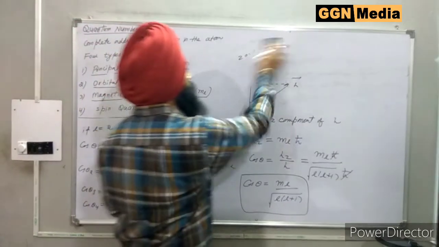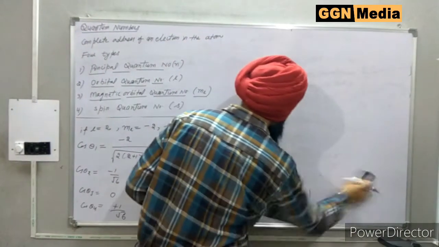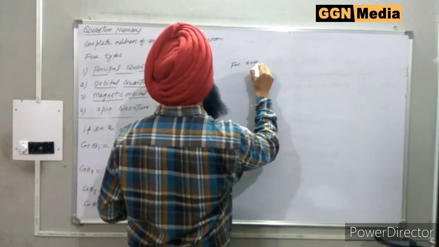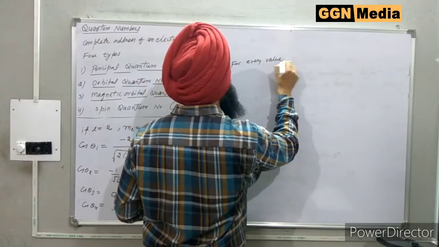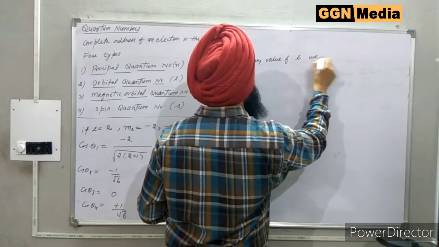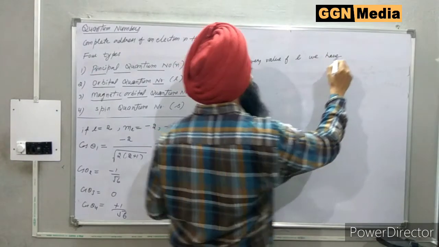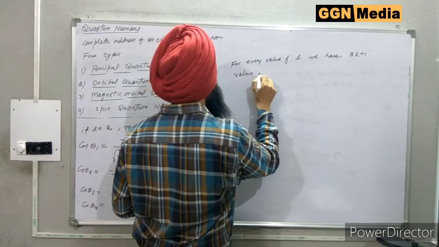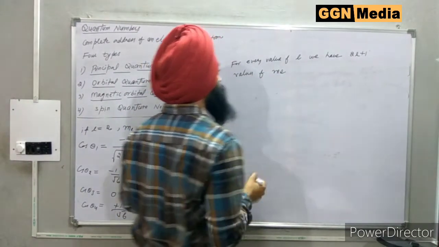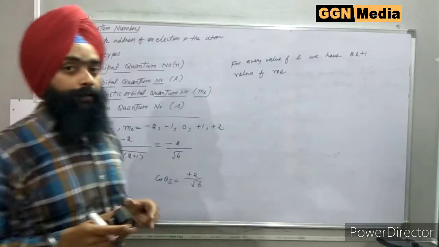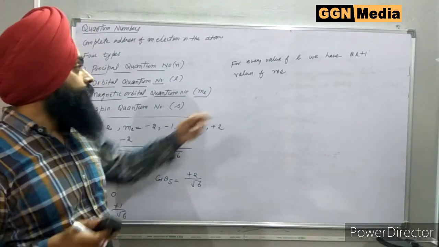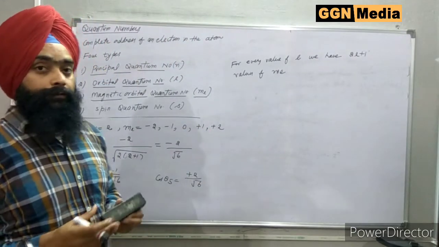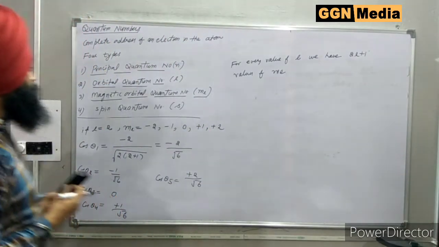So we can say that for every value of L we have 2L plus 1 values of ml, or 2L plus 1 orientations in space for that particular electron.